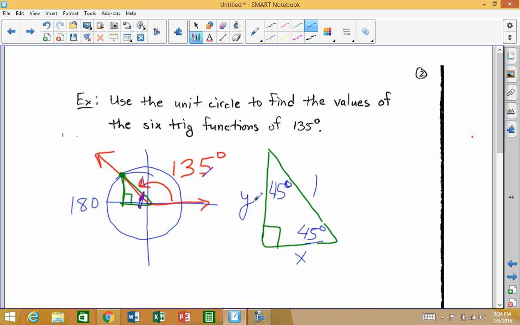We're going to use a little formula that we know from geometry, the Pythagorean theorem. So for our problem, we're going to get x squared plus y squared equals 1.